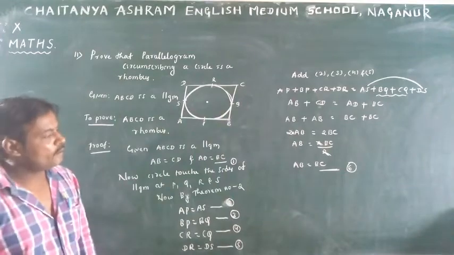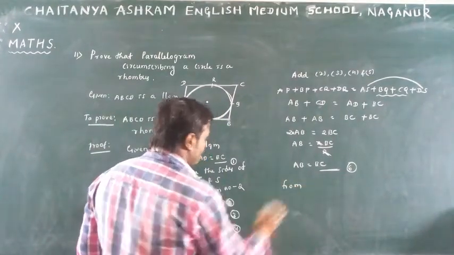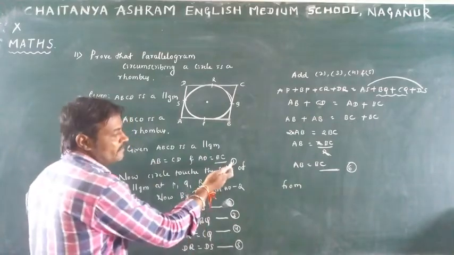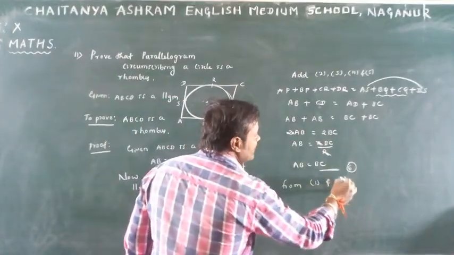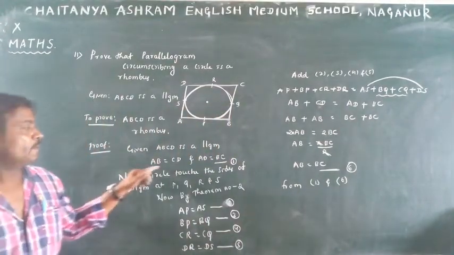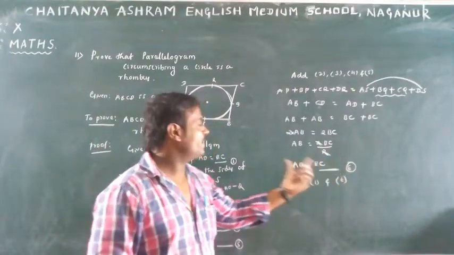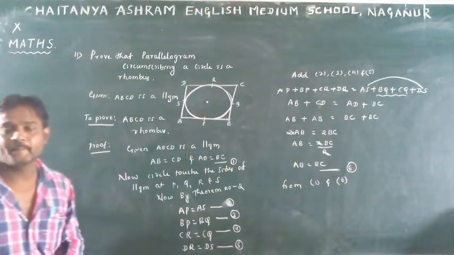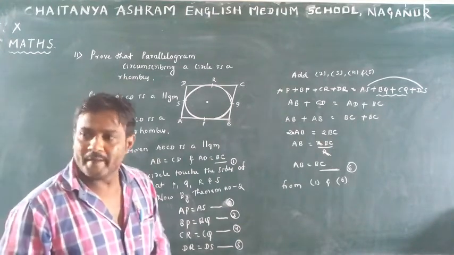Now observe here, dear children, from result number 1 and result number 6. Observe very carefully. What is your conclusion? From result number 1 and from result number 6, what is your conclusion? Very good.